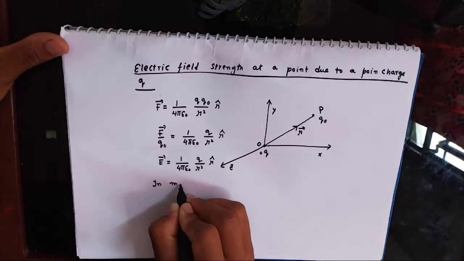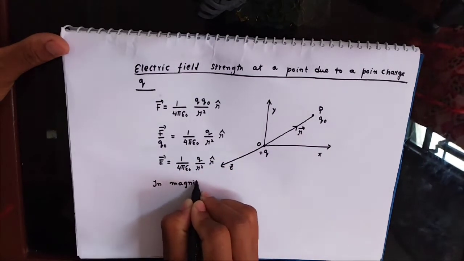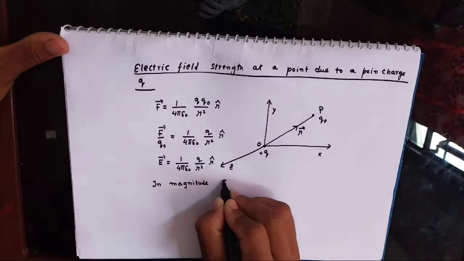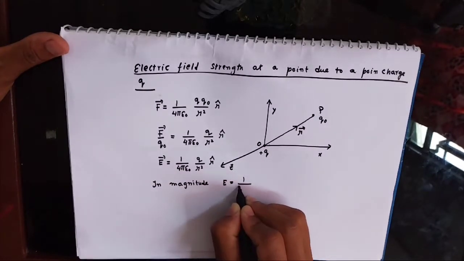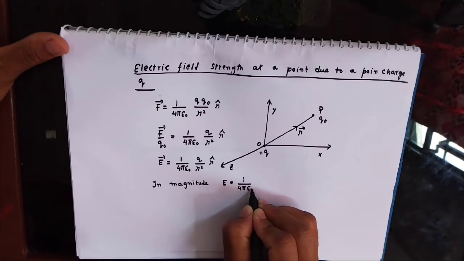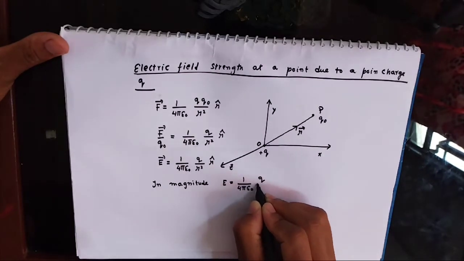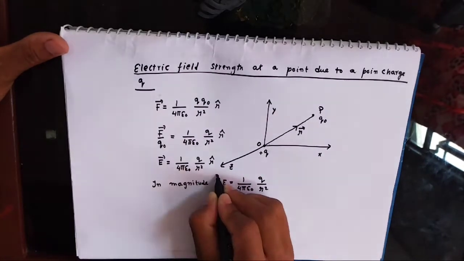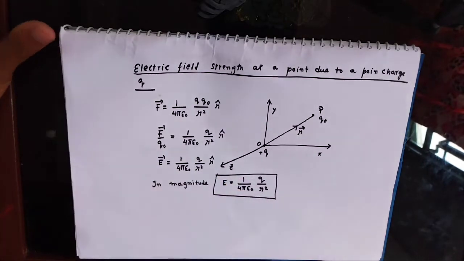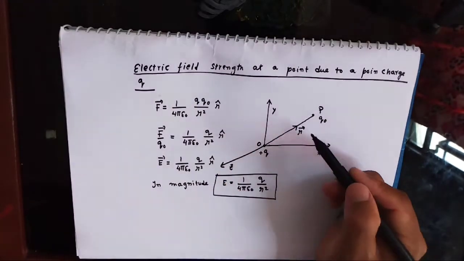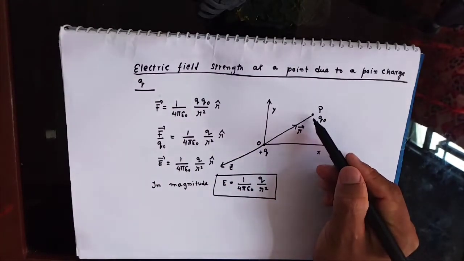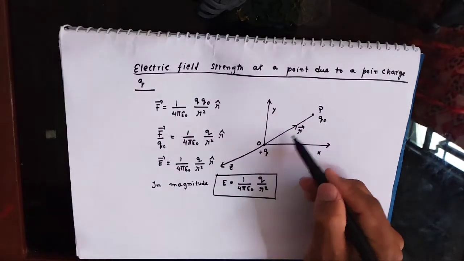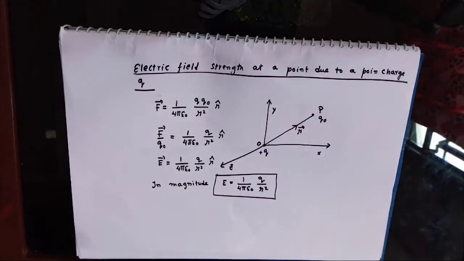So in magnitude, E is 1 by 4 pi epsilon naught Q divided by r square. So the electric field strength at a point which is at a distance r from a point charge Q is 1 by 4 pi epsilon naught Q divided by r square.